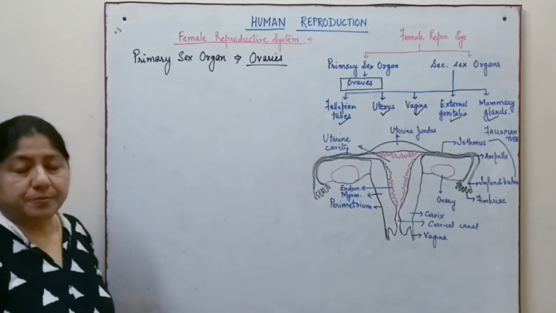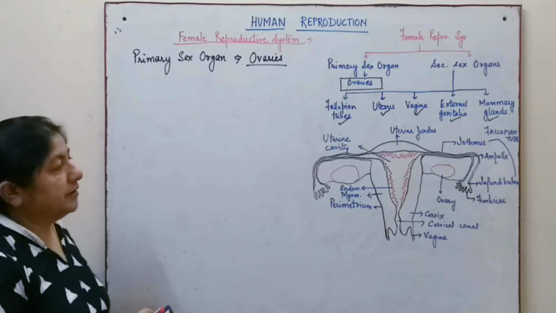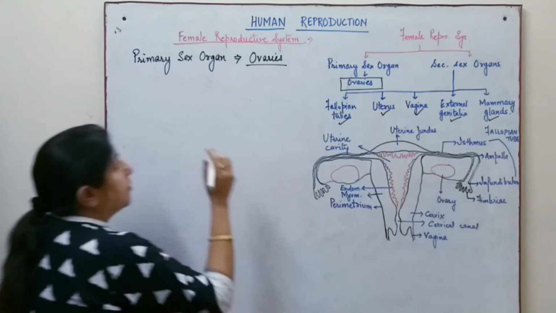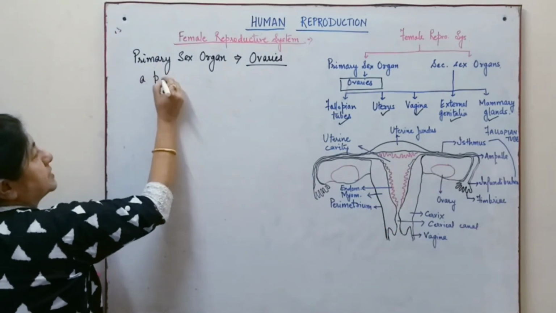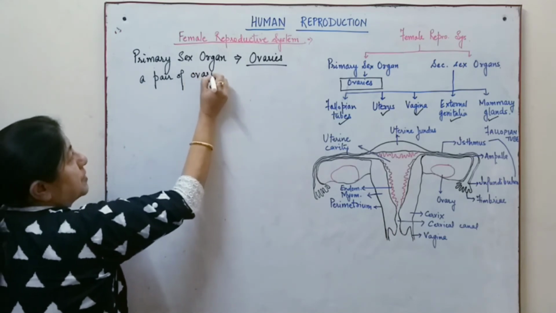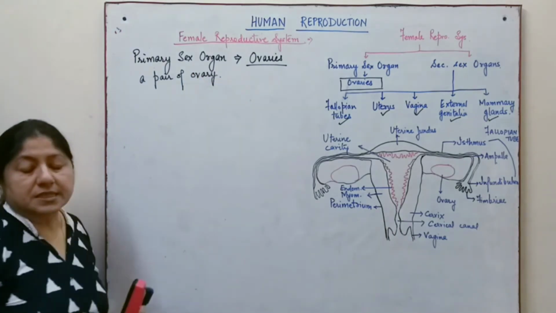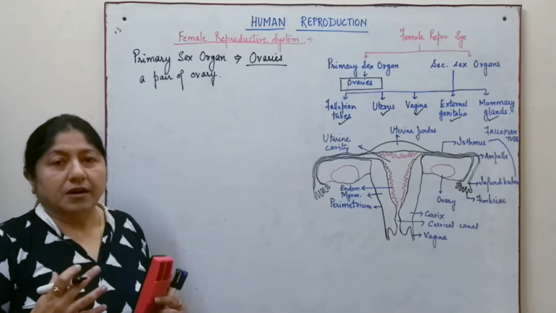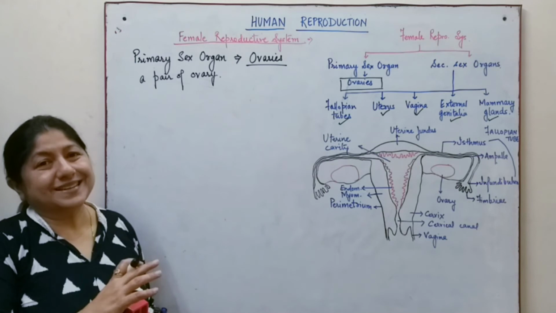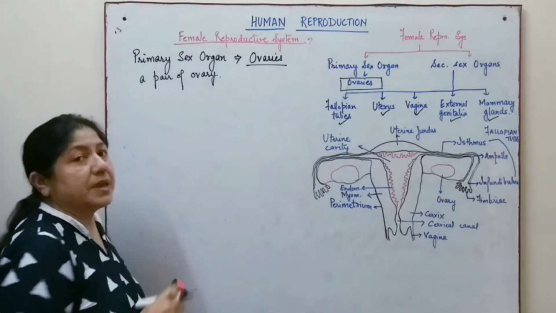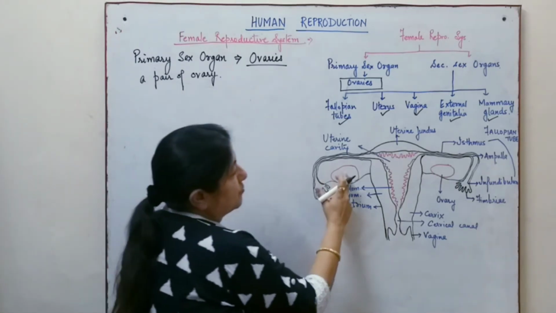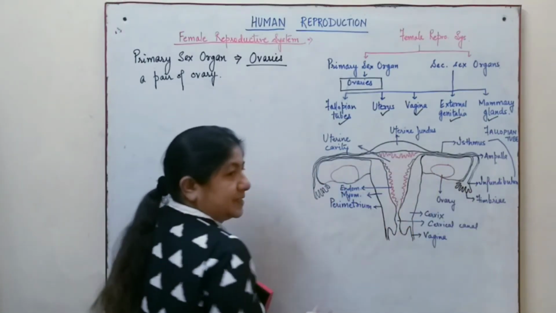In a human female, there are two ovaries. That means a pair of ovaries is present. This pair of ovaries is located in the pelvic region, one on either side, and is also known as the female gonad.